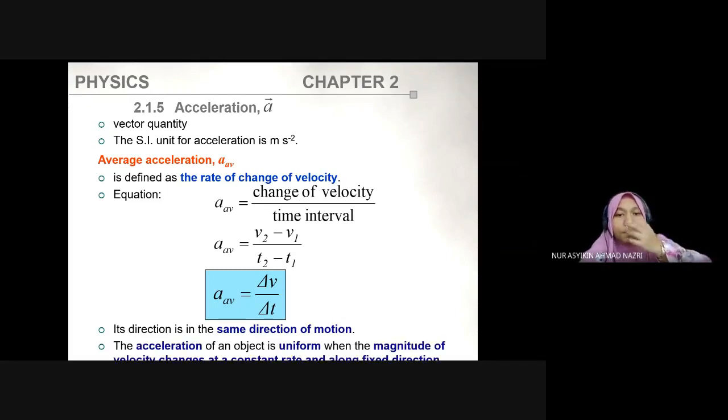So kalau this one is average acceleration, then dia kata acceleration is uniform. Okay, acceleration dia akan uniform kalau magnitude of velocity change at a constant rate, and along fixed direction. So ini adalah definition pada acceleration tadilah.